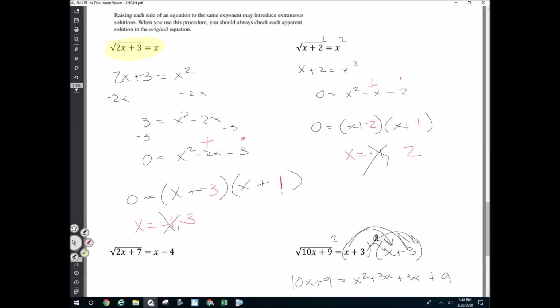When it goes from 0 equals to the parentheses, how do you get those two numbers between the parentheses? When you distribute, x times x is 1x squared, and then negative 2 times x is negative 2x. 1x plus negative 2x gives me negative 1x.